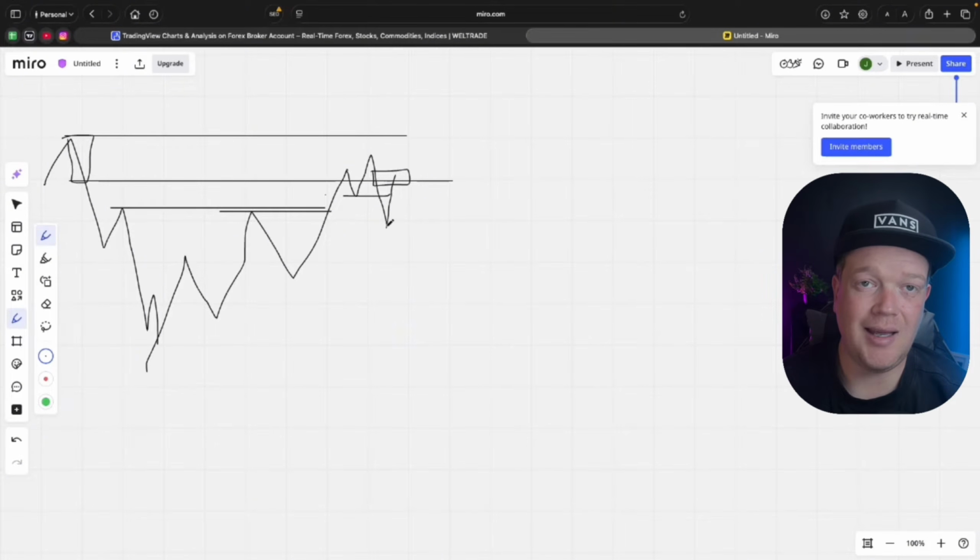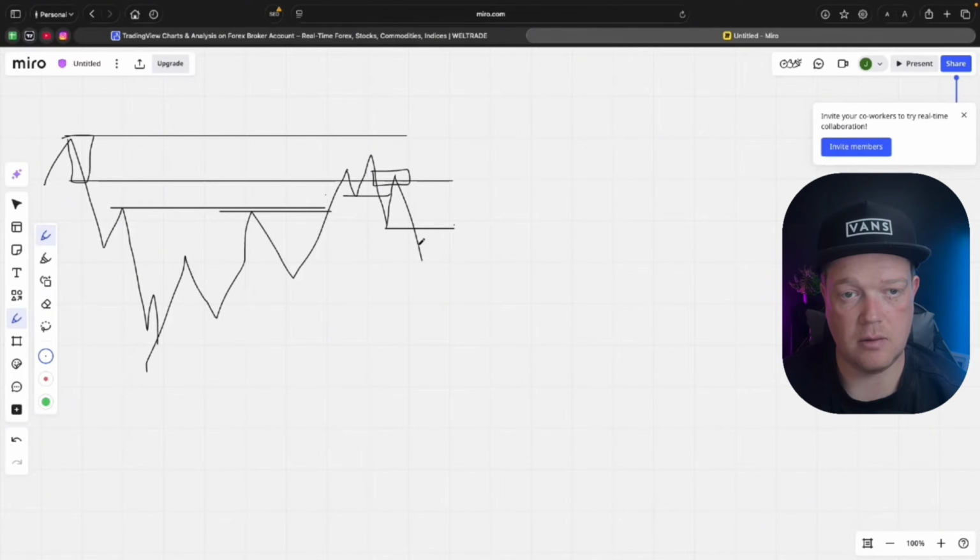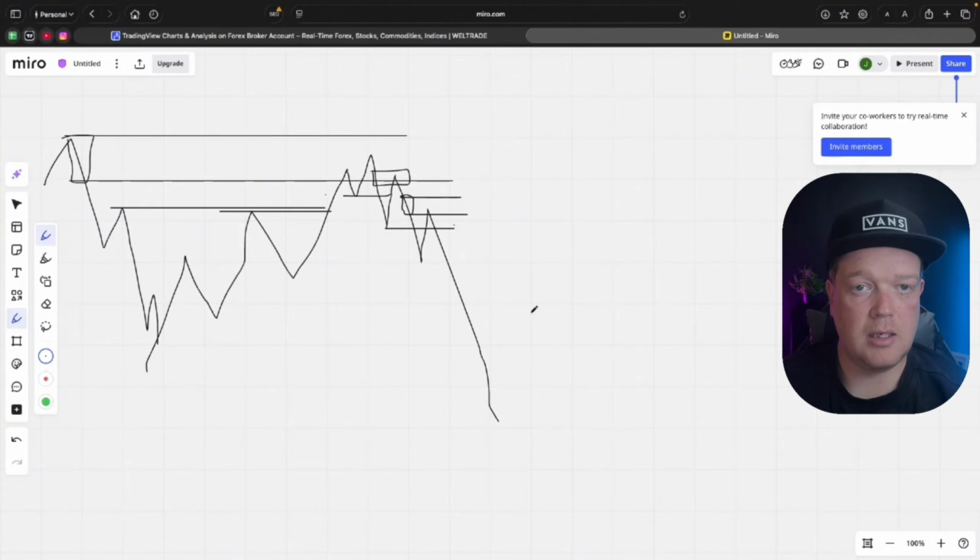But to be extra conservative, we want price to take out the second low as well and then retrace into a POI like an order block or a fair value gap. This is where we take our entry on the lower time frame, and then we continue with the down move. It's going to work exactly the same with buy. Everything is just going to be inverted.